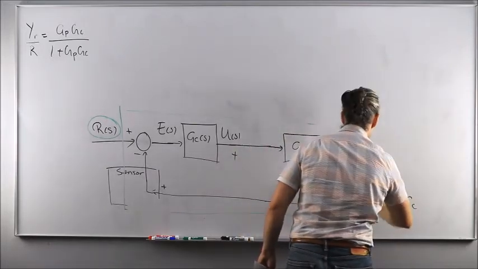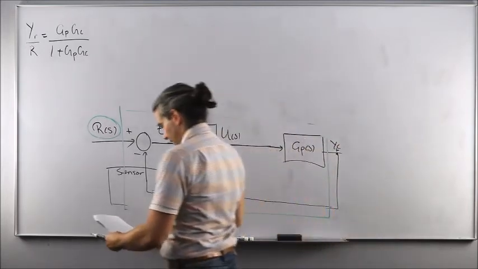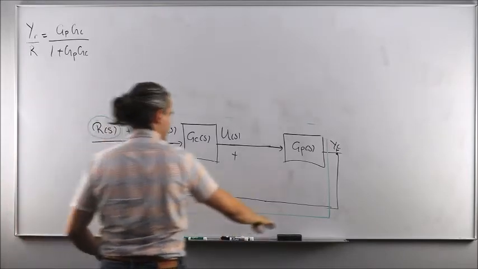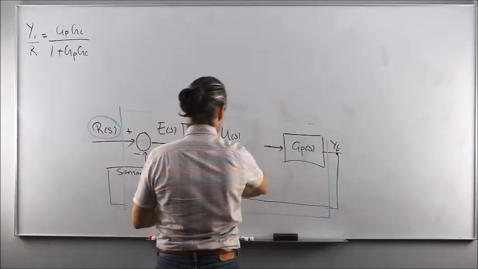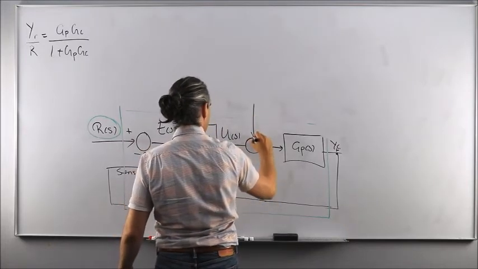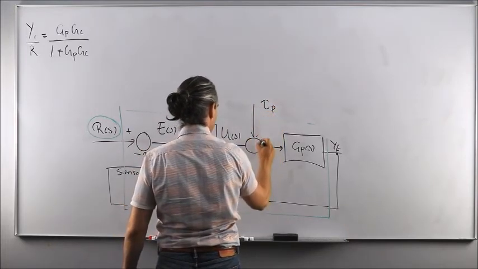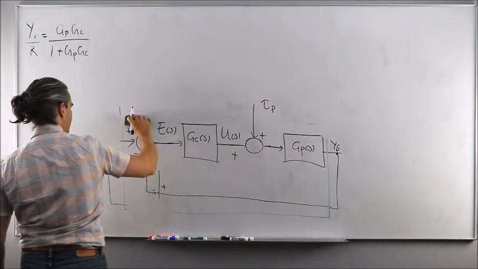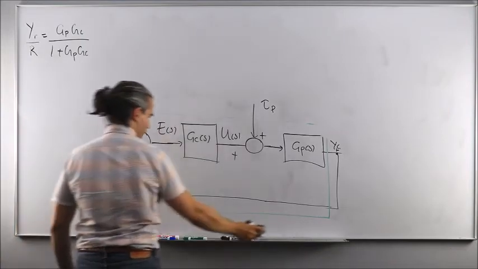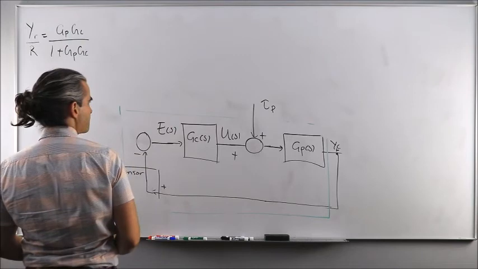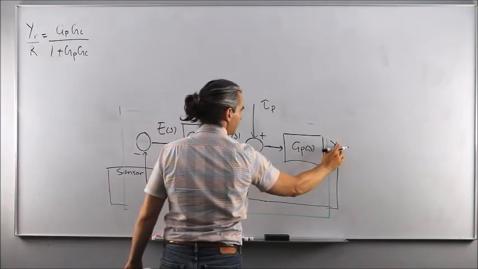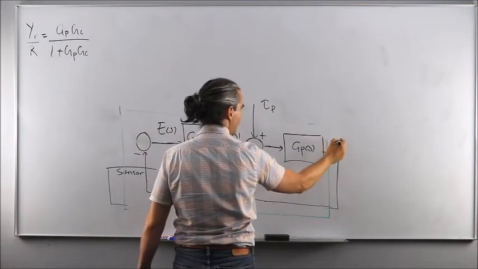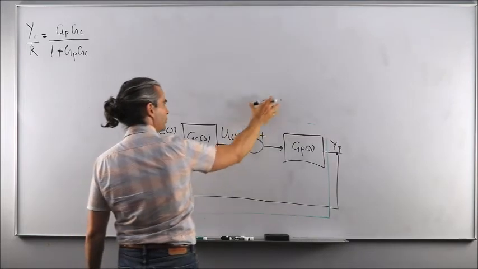Now let's do the same, but this time for perturbations. So this is coming in now, tau p, but there's no sensor noise and no reference signals. Okay, so I want the relationship between y, which will be now denoted yp, because that will be y based solely on the contribution of your perturbations.